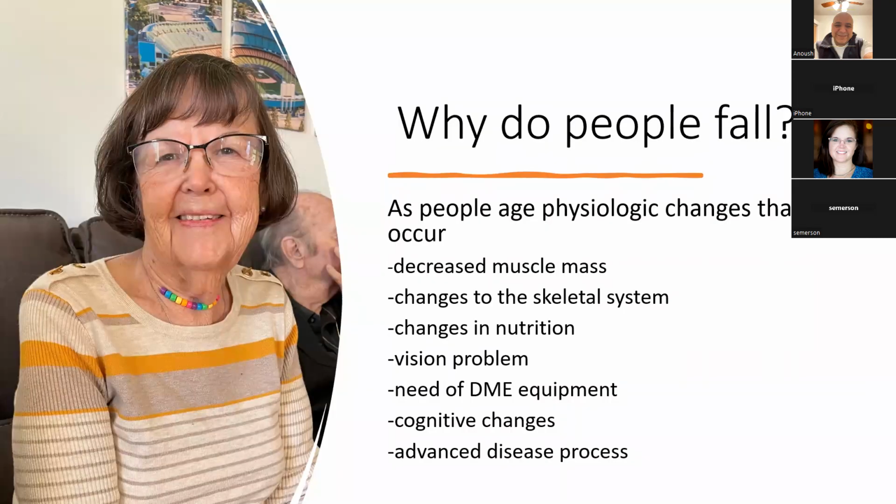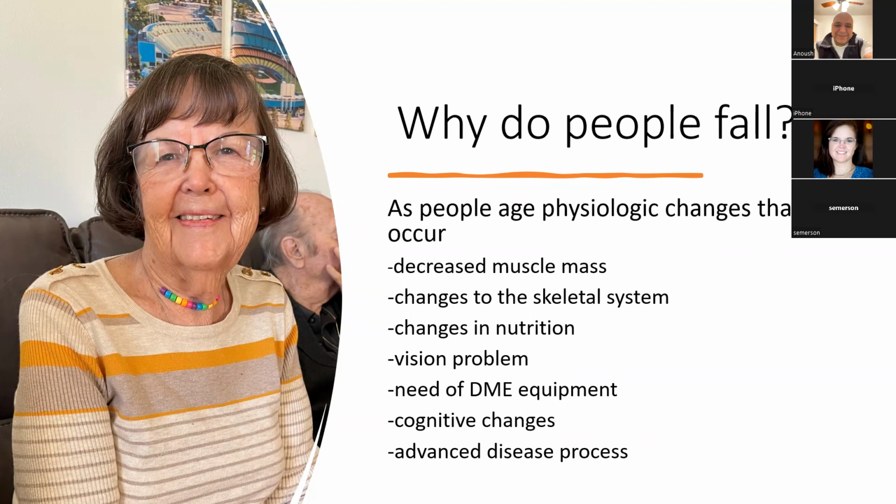So why do people fall? As people age, there are physiological changes that can occur. One thing is decreased muscle mass, or sarcopenia, which is age-related involuntary loss of skeletal muscle and strength. And you can lose up to 50% by your eighth decade.